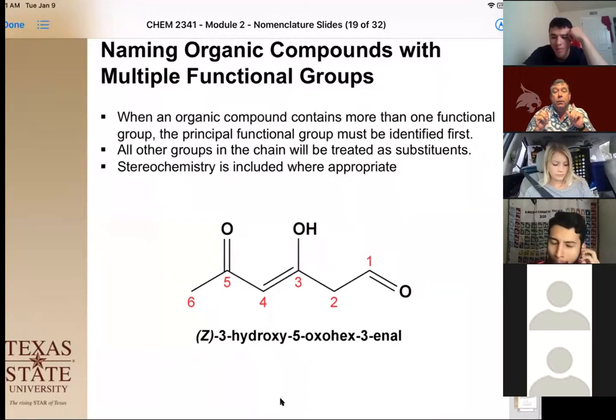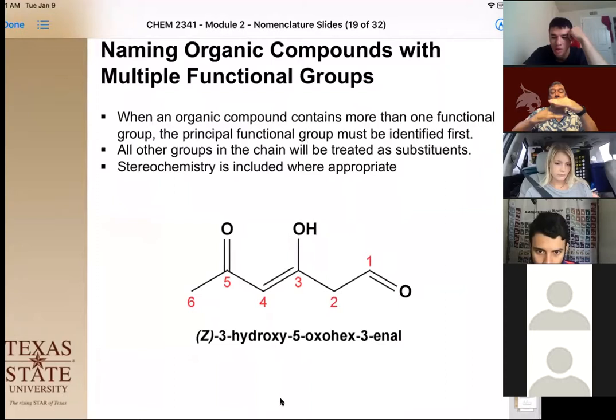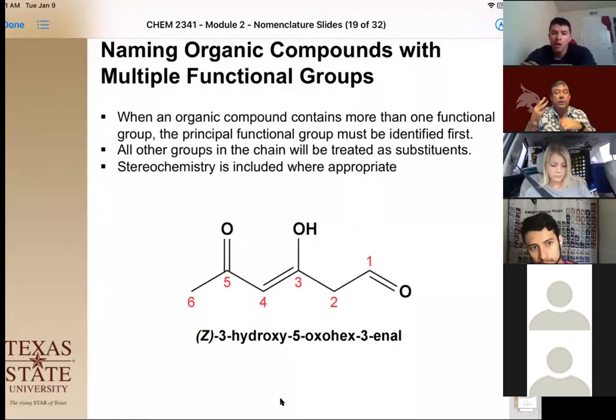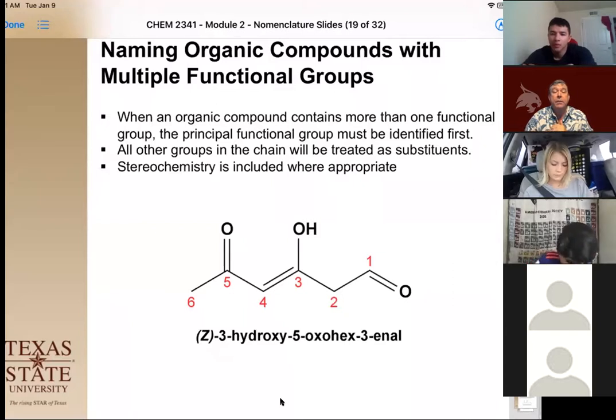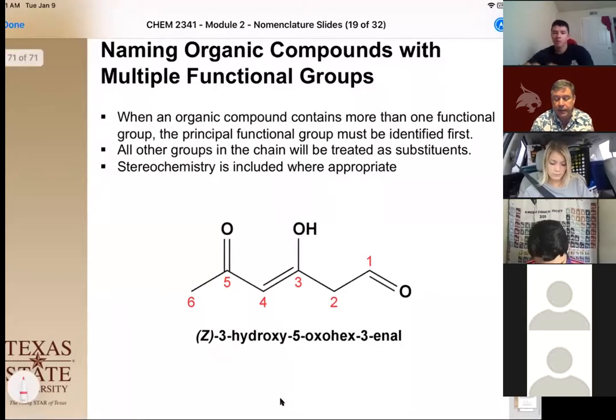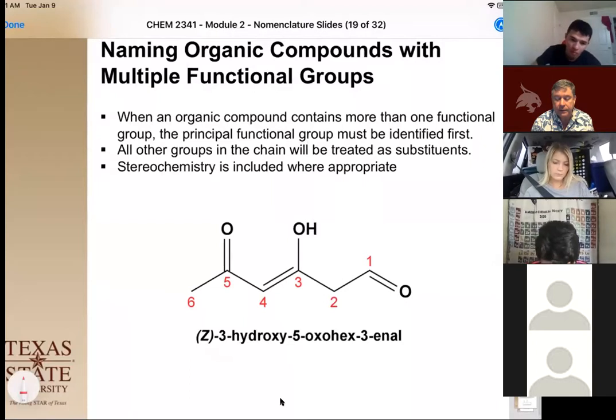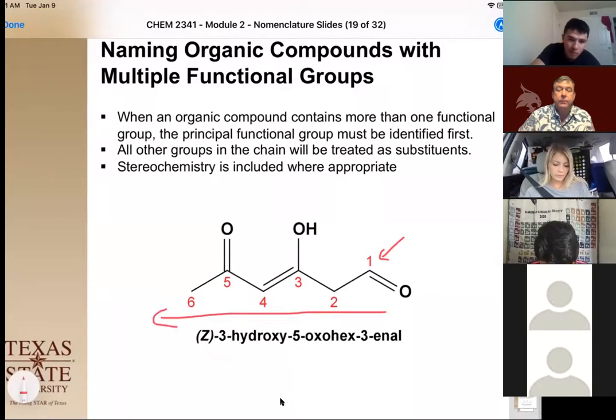Now, we go to the chart and see that the alcohol is below ketone, which is below aldehyde. So since aldehyde is the highest priority of those 3 functional groups, we have to name it for the aldehyde. So that tells us exactly which side of the chain to number from, okay? So if we're naming it for the aldehyde, we're gonna start on that aldehyde side here, and we're gonna number all the way over to the other side, okay?